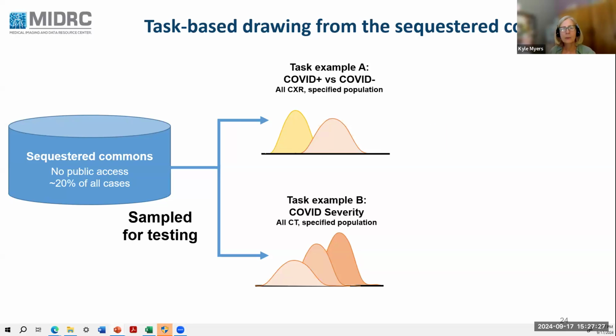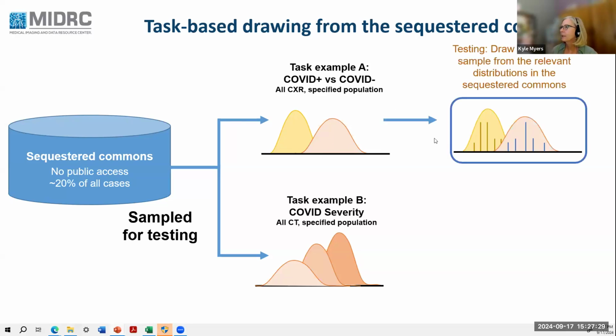Let's just use this one on top as an example. If it was this example with the classification problem, the testing involves drawing a task-based sample from the relevant distributions in the sequestered commons. So we're pulling data from these distributions, not these, right?